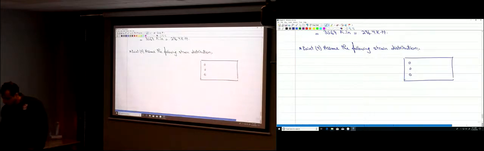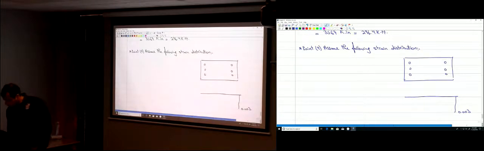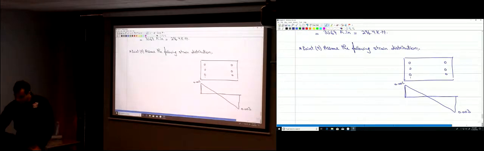We have 3 number 9 bars over here, and that's the strain distribution we're assuming. It's 0.003 on the compression side, and over here we're assuming 0.002 at the end, not in the steel. So in the steel, this epsilon T is less than epsilon yield.